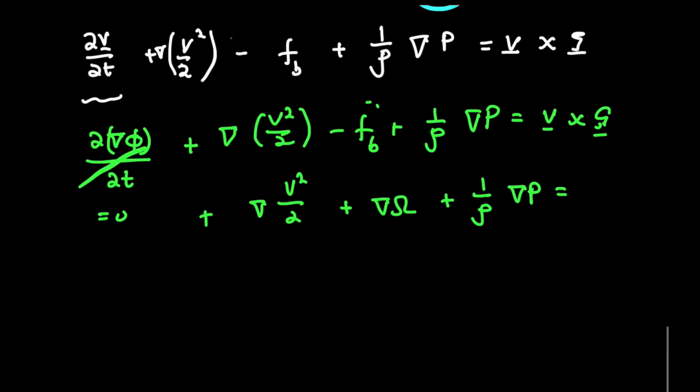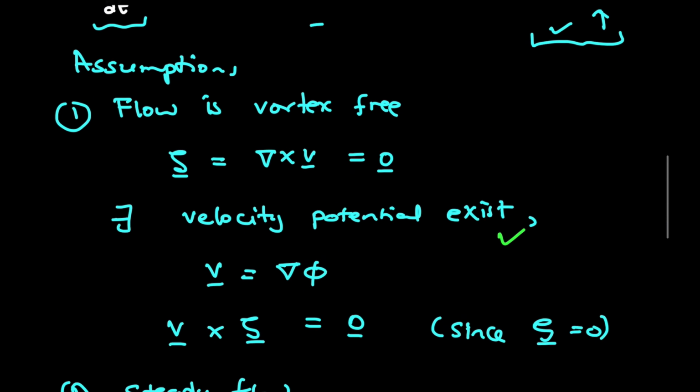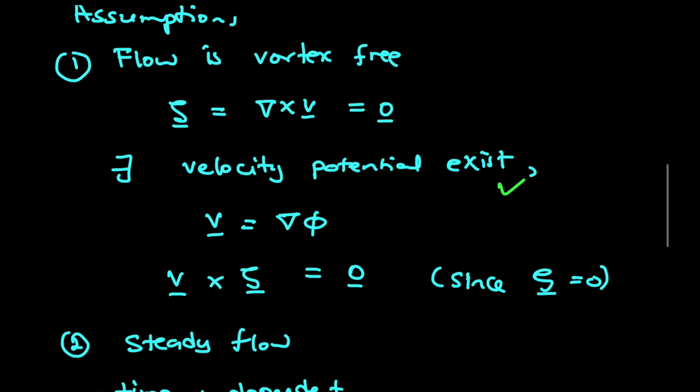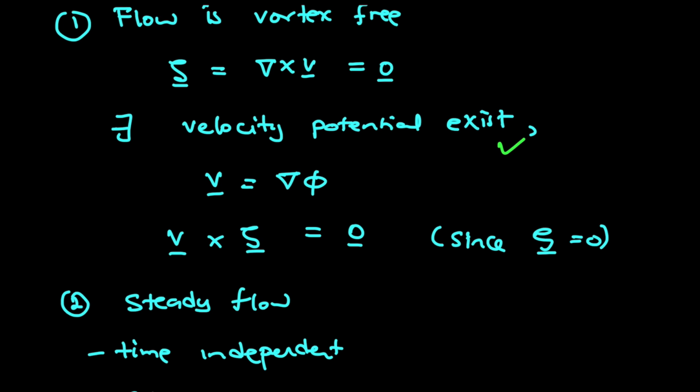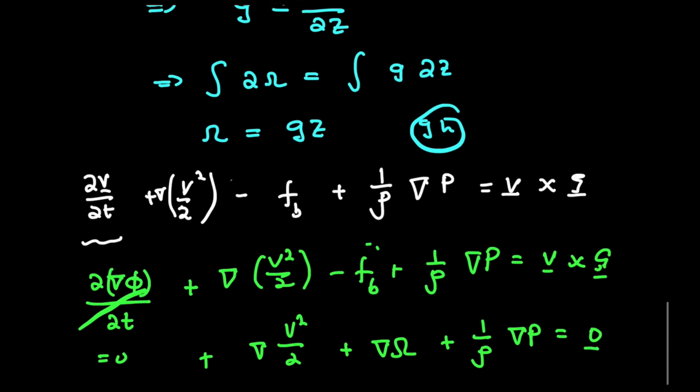As you recall from the first assumption, we assumed a vortex-free flow, and so the vorticity equals 0. If we cross that 0 with the velocity, we're going to get 0.